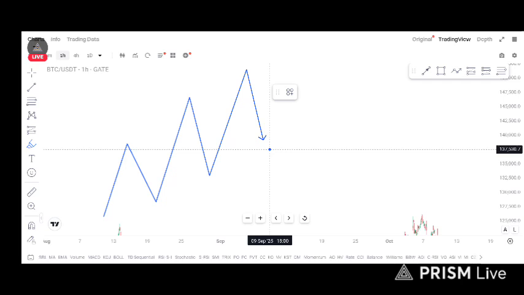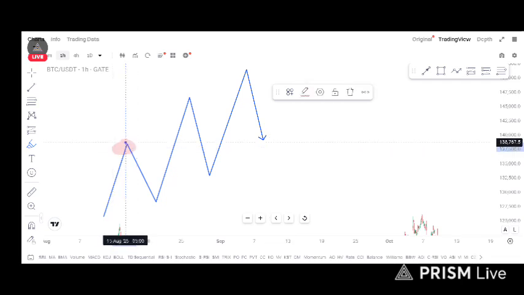Here as a high and here as a low, here as a high and here as a low. This is what we mean by the market creating higher highs and higher lows. That's when you know that you are in an uptrend. An uptrend is when the market is creating higher highs and higher lows.